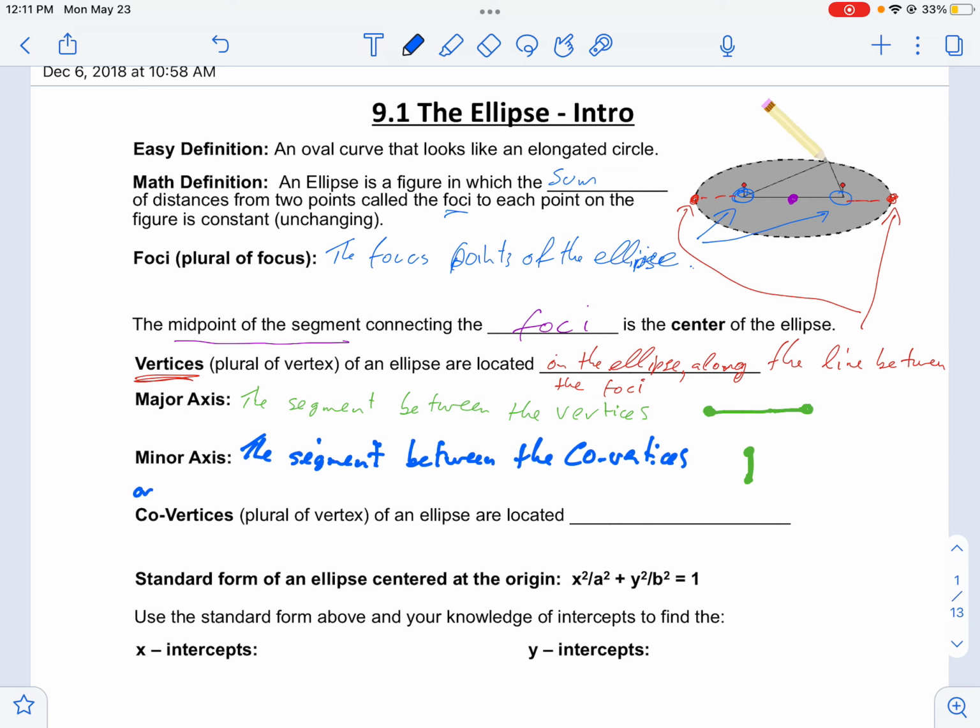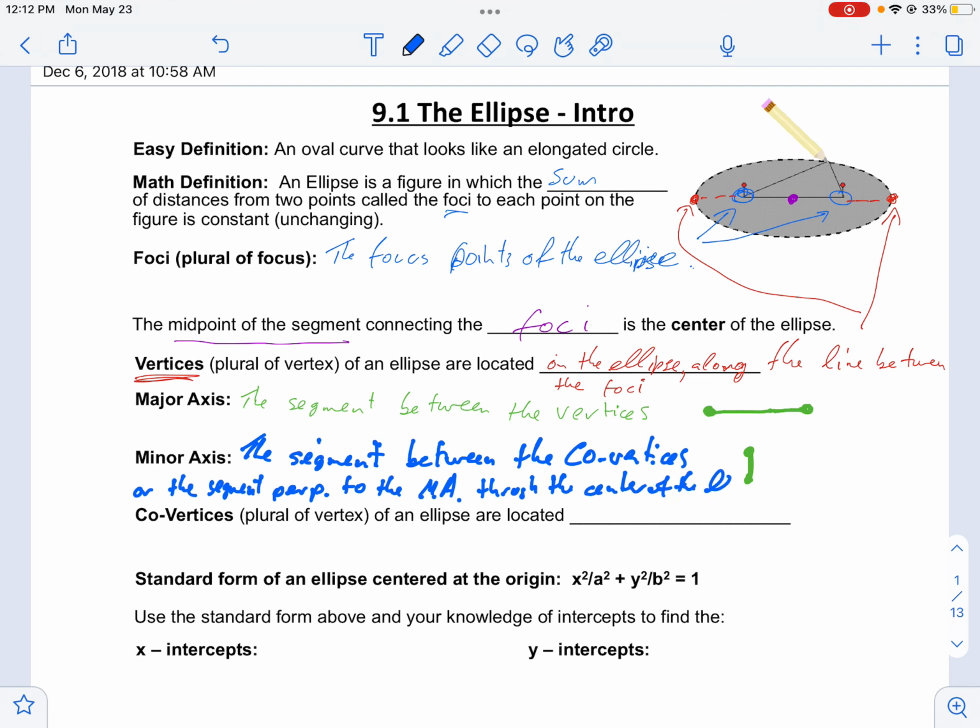Perpendicular to the major axis, through the center of the ellipse.